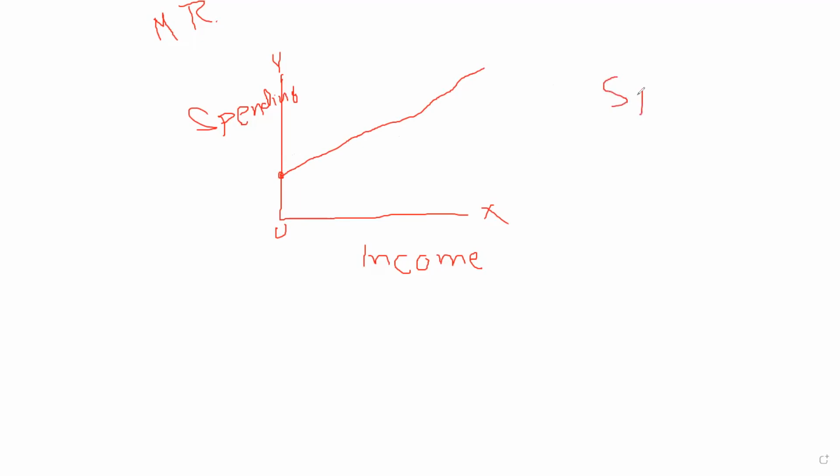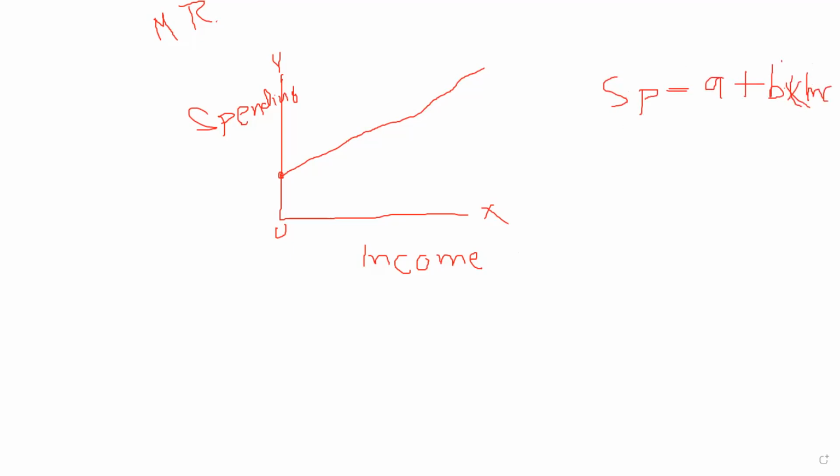Spending equal to, I'm just writing A plus B X. X is your income, or sorry, spending equal to A plus B into income. Instead of X, I write here income.